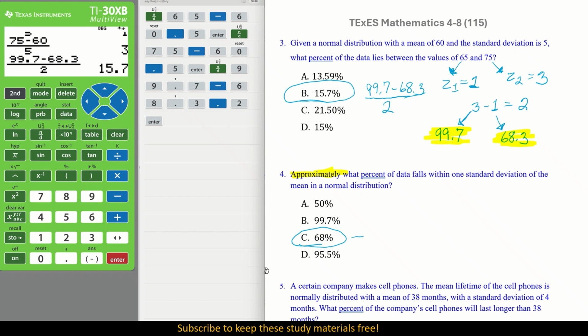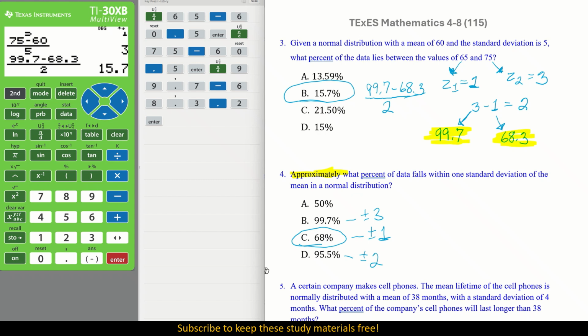This would be positive, negative 1 deviation. B, what is that? That's positive, negative 3. We just discussed this in the prior question. Now for D, that is positive, negative 2 standard deviations.